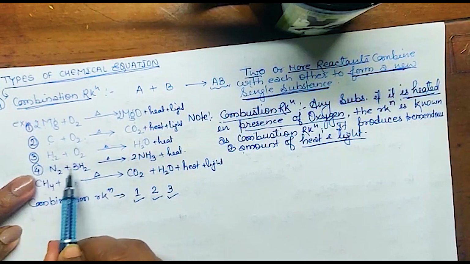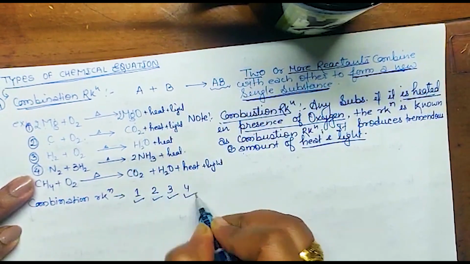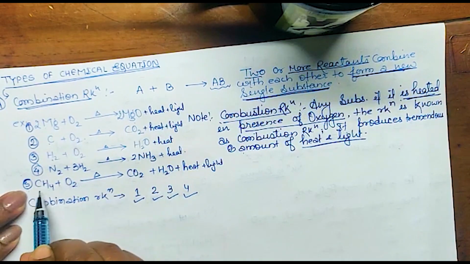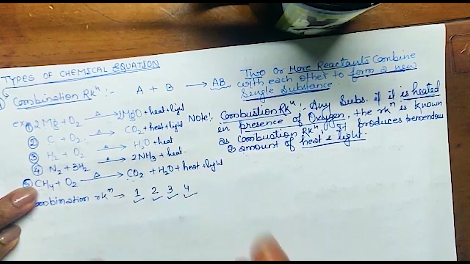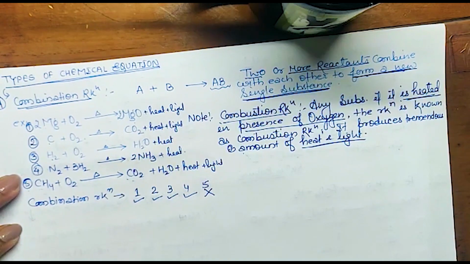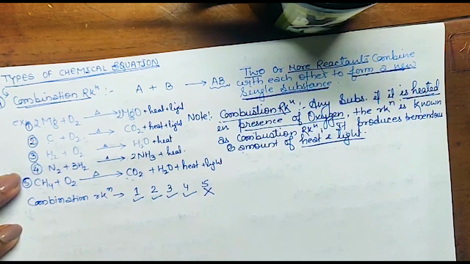Equation 4, yes, two elements combining, is also a combination reaction. The 5th is not a combination reaction. These two are combining, but they are not a single product. It is giving two products. Got it? Combination, a single product should be formed.